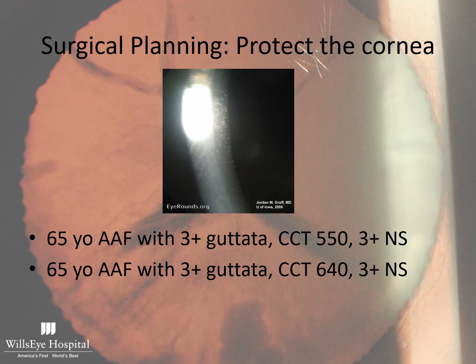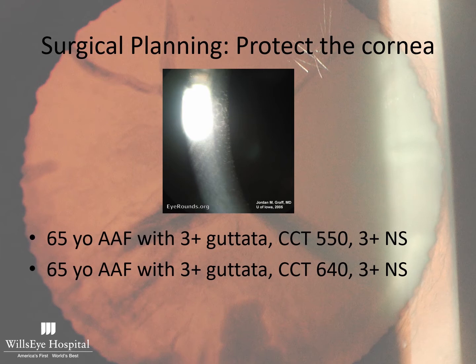If you have someone who has normal pachymetry, I think it's reasonable to proceed with surgery without necessarily having the patient see cornea beforehand. I still discuss with the patient that there's a potential for swelling in the cornea and a very small potential for the need for a secondary procedure, i.e. a graft, but in most cases with adequate surgical manipulation, you can protect the cornea.